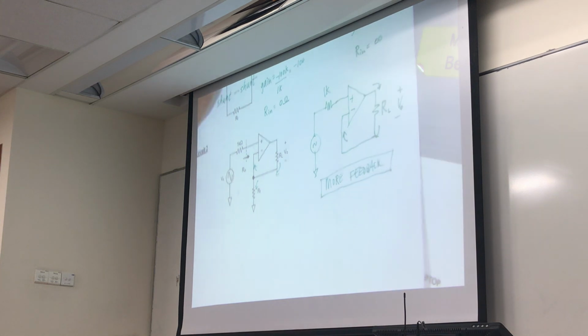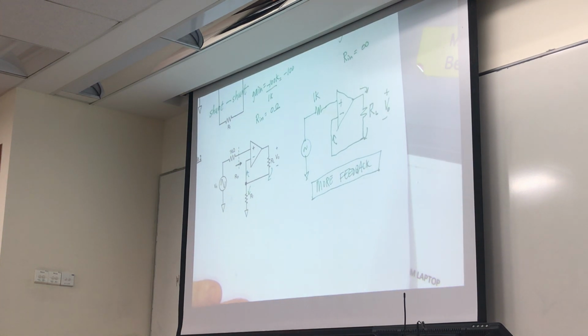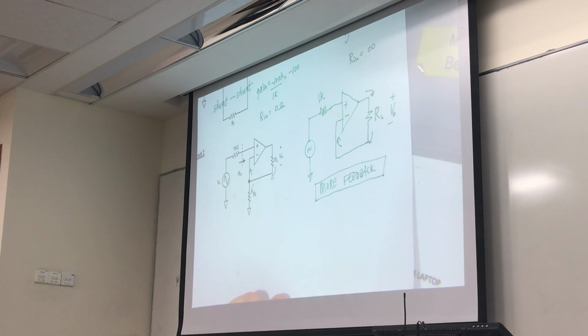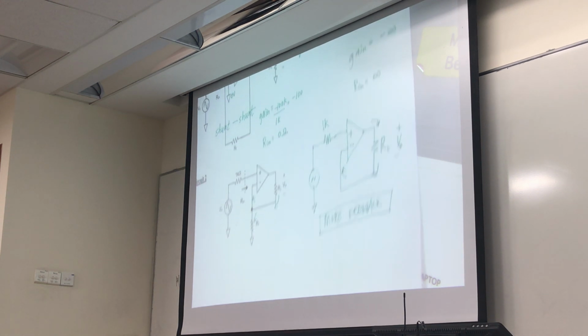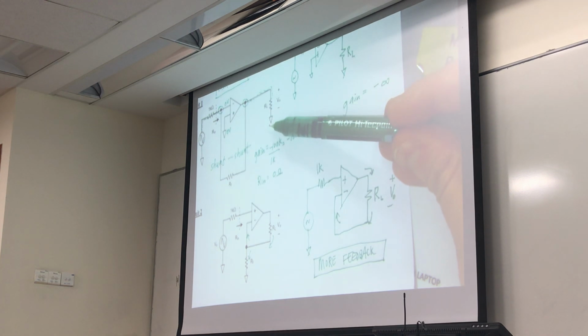Now the thing about series feedback is that you should pay attention to the current when deciding how much feedback there is. And if you've got shunt feedback, you should pay attention to the voltage when you're thinking about how much feedback there is. With shunt feedback, you're not sampling how much current there is through the load resistor.